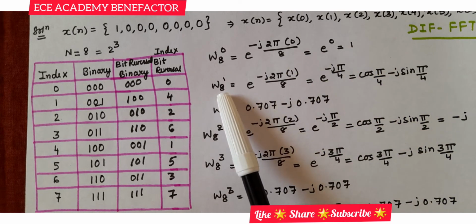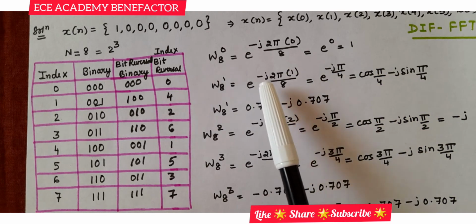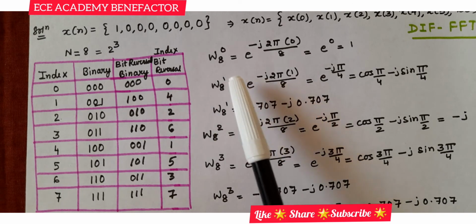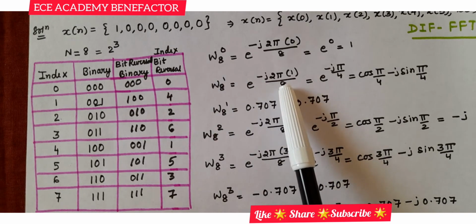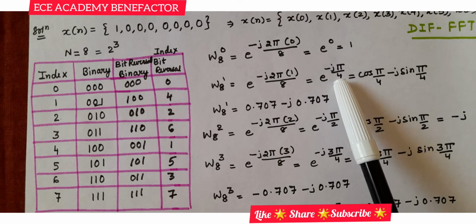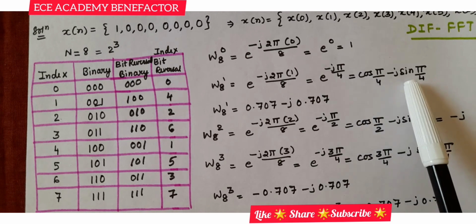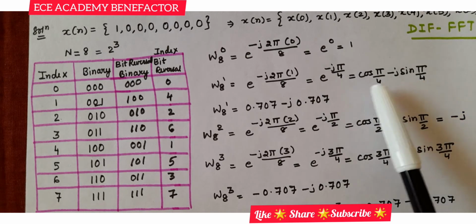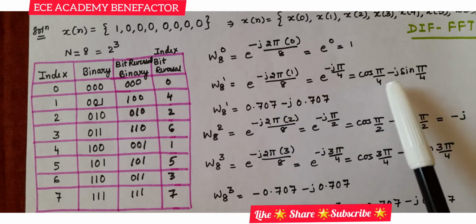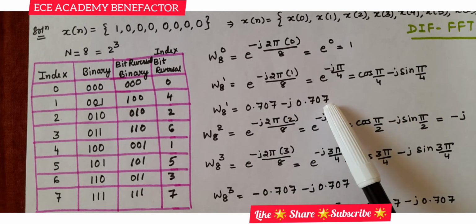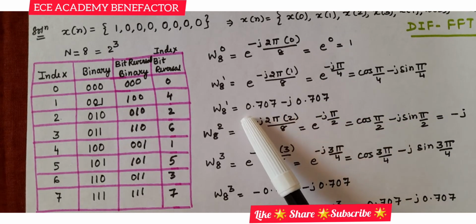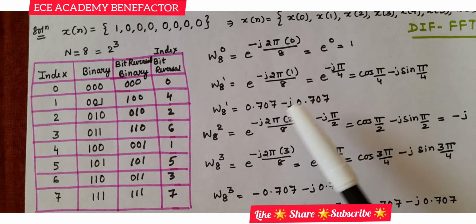Next one, W8 to the power 1 is equal to e to the power minus j 2 pi 1 by 8, which is coming as e to the power minus j pi by 4. On expanding, we can write cos pi by 4 minus j sin pi by 4. Cos pi by 4 is 0.707, sin pi by 4 is 0.707. So we get W8 to the power 1 as this value.